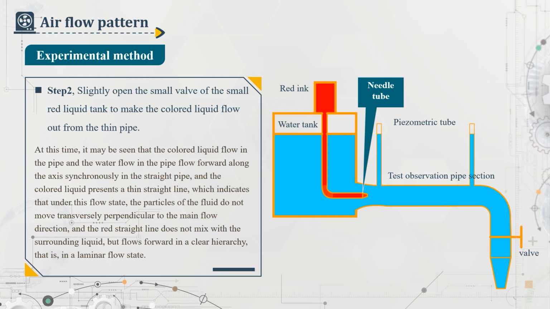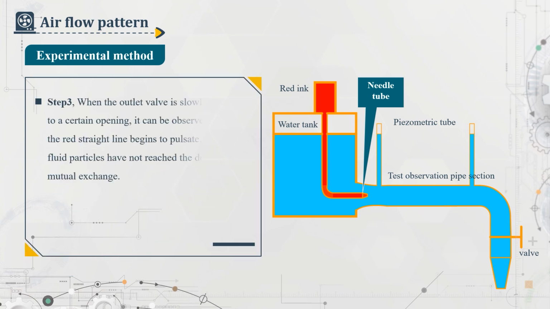and the colored liquid presents a thin straight line, which indicates that under this flow state, the particles of the fluid do not move transversely perpendicular to the main flow direction, and the red straight line does not mix with the surrounding liquid, but flows forward in a clear hierarchy, that is, in a laminar flow state.